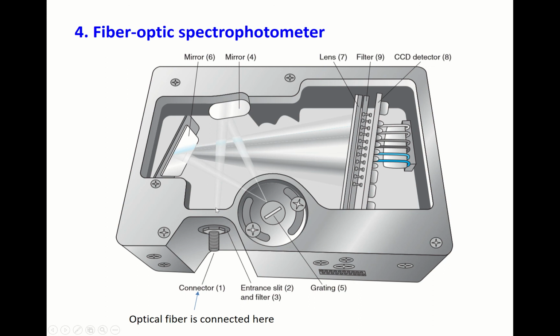The detected signal passes through the optical fiber by total internal reflection and enters this spectrophotometer. This is the detector, and the spectrum is detected by this instrument. That's the principle.